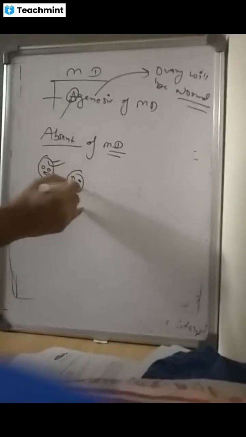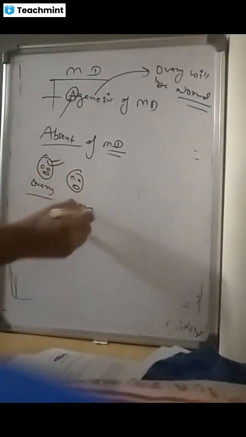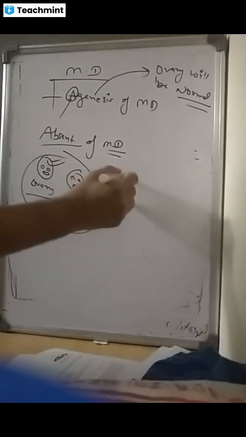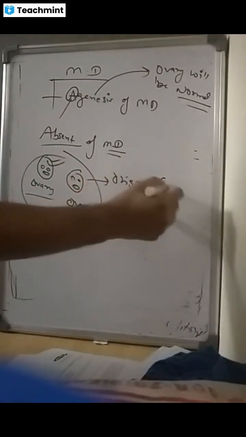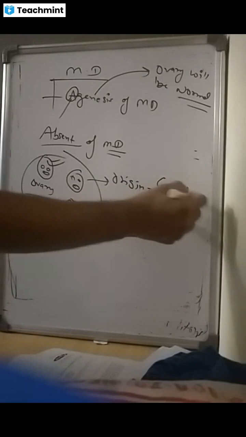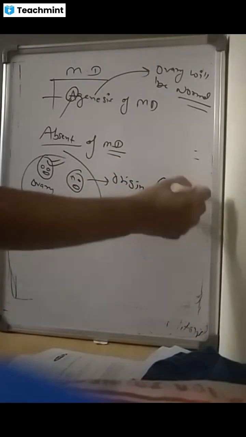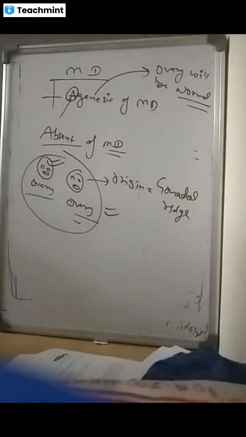This part will be totally absent. So what is present? The ovary will be present. In agenesis you will find the gonads healthy or normal. So these will be present.